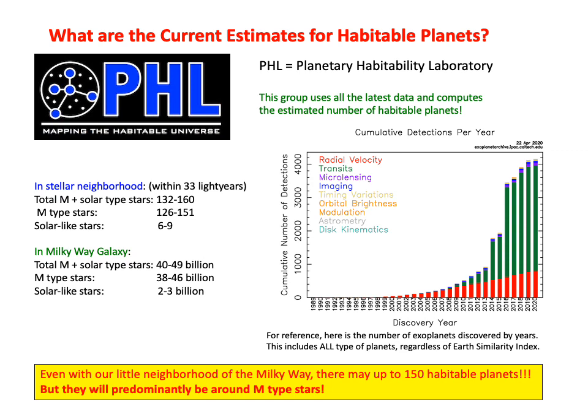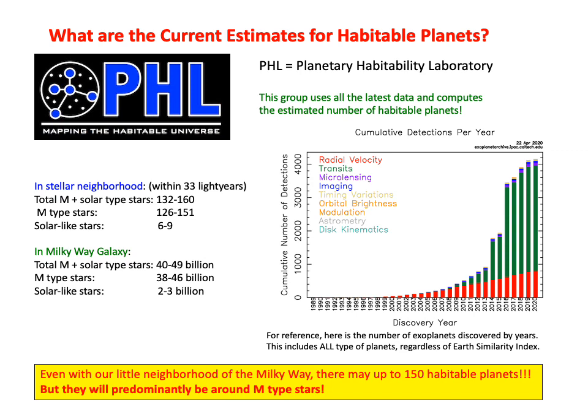Their estimates are there's somewhere between 132 and 160 such stars within a radius of 33 light years. Of those, M stars are 126 to 151 of those stars. So you can see that they totally dominate the numbers. That means that for K and G type stars, the solar type stars, there are somewhere between 6 and 9, certainly less than 10 of those types of stars.